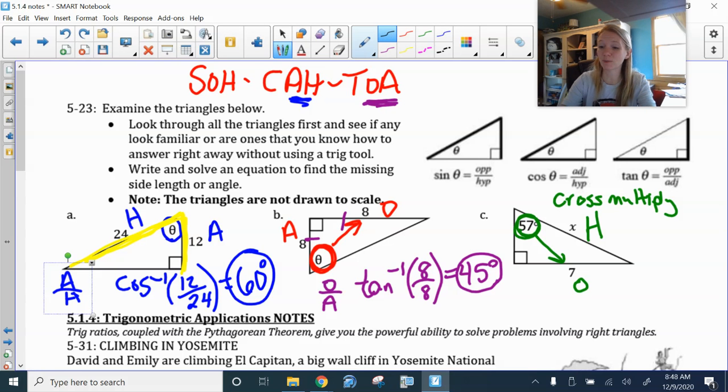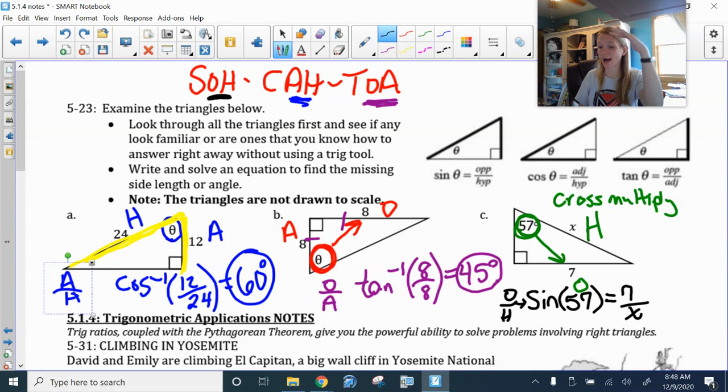If I'm going to have to cross multiply, I have an O and an H. Look, I've used one of each, so I'm going to use my sine problem for this. OH makes this sine. This time, instead of theta, or instead of my inverse, I know the angle is 57.